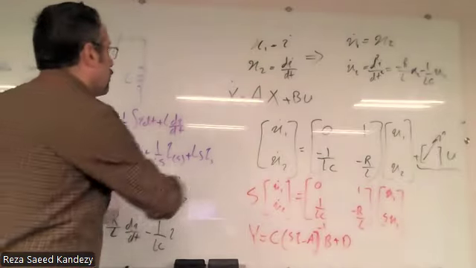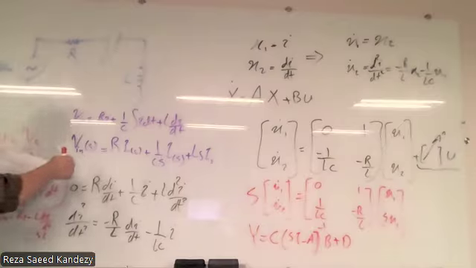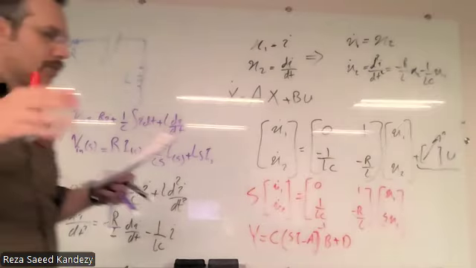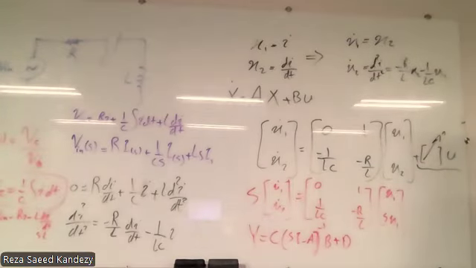Again, you are going to find that the transfer function is what we found earlier, what was that? Oh, I erased it. 1 over CS over LS squared plus RC plus 1.